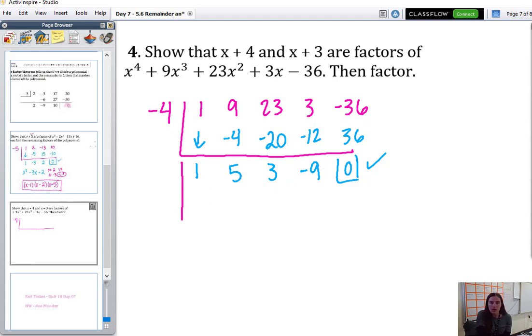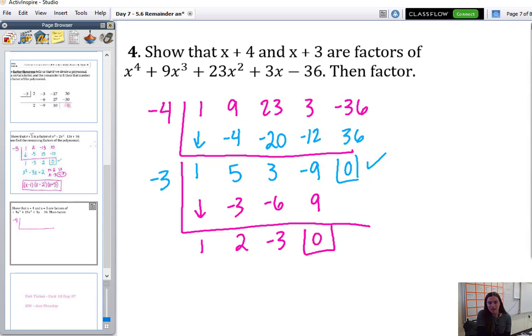So I'm going to do another half box off of this. Now I'm going to put my negative 3, so remember, switch that sign, I'm going to put that negative 3 on the outside and only use these coefficients that are left over. We don't need to use the remainder. Bring down our 1, multiply, add, multiply, add, multiply, add. We got another remainder of 0, which is perfect.